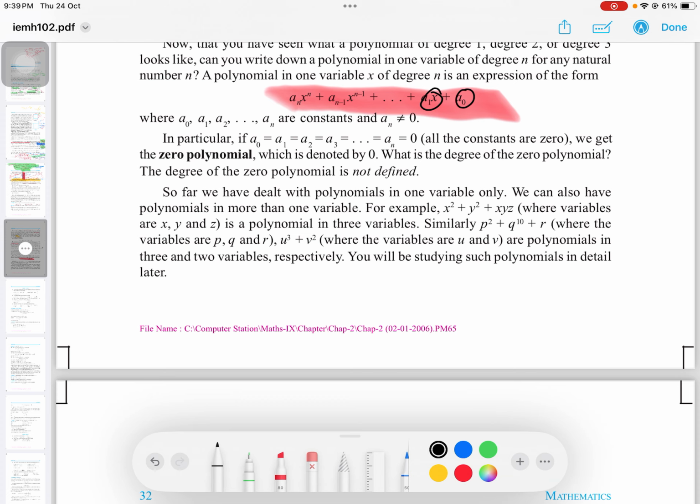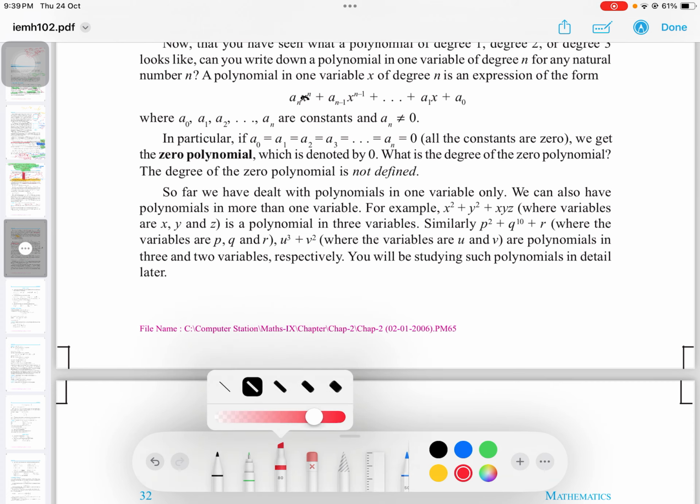It need not be x, it could be y or q, g, anything, any variable. But it is for a polynomial in one variable. This is the general formula.